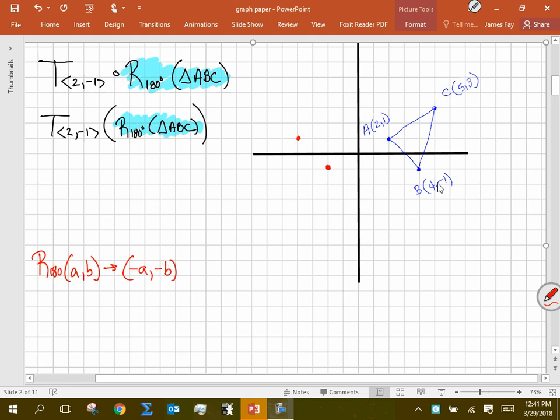So B becomes -4, +1. And C is going to go to -5, -3. I'm going to call that A prime. So it was -2, -1. B prime is at -4, 1, and C prime -5, -3.